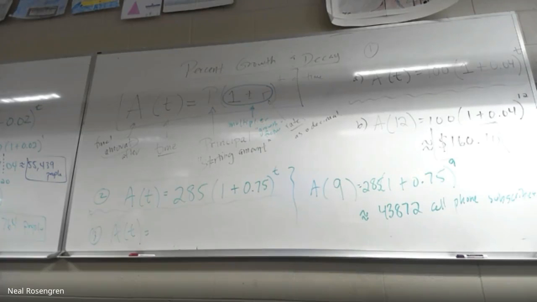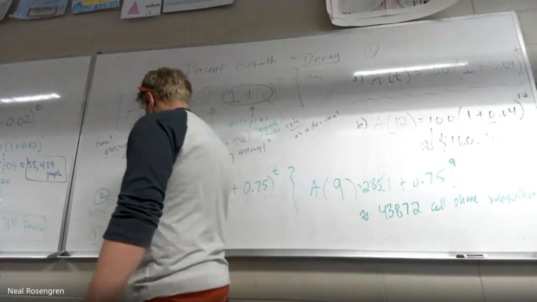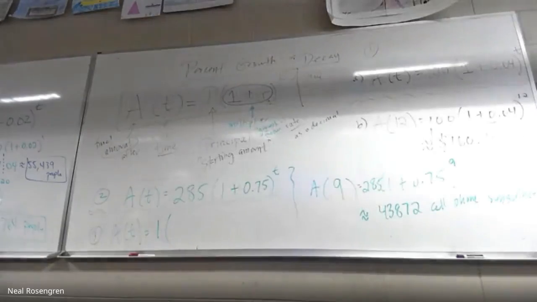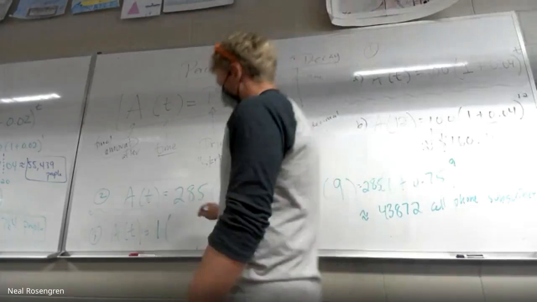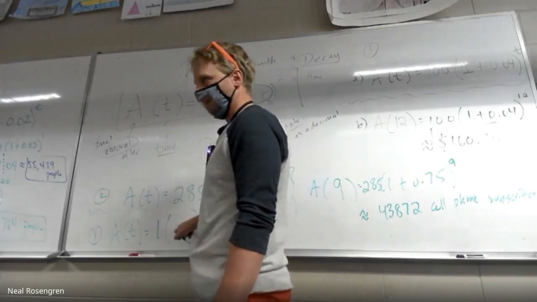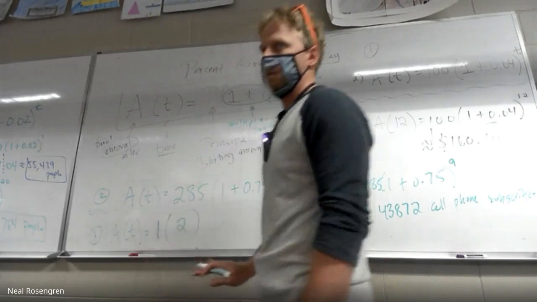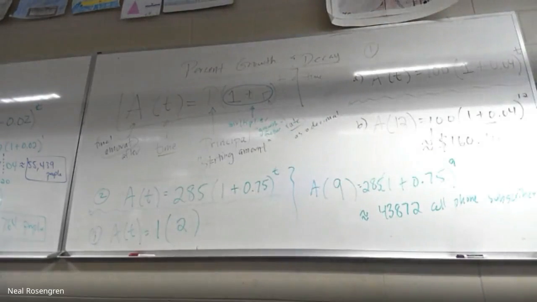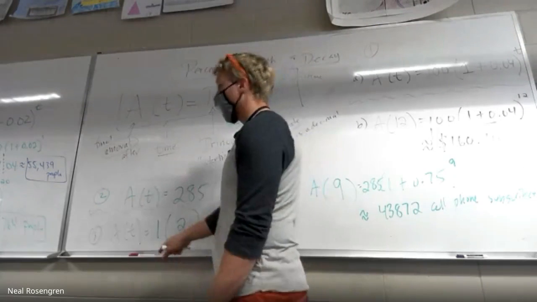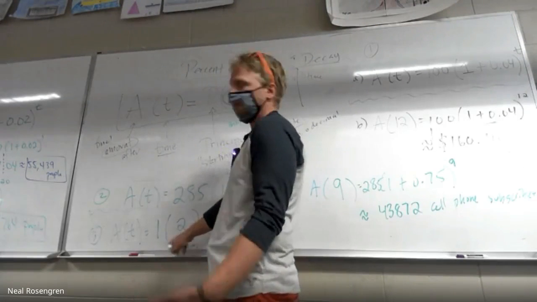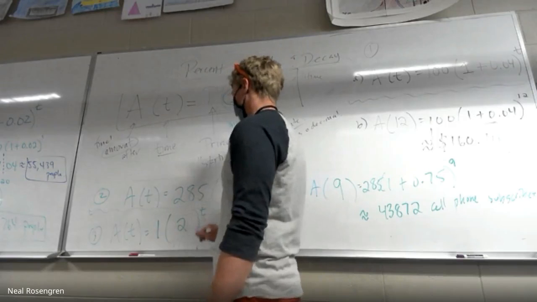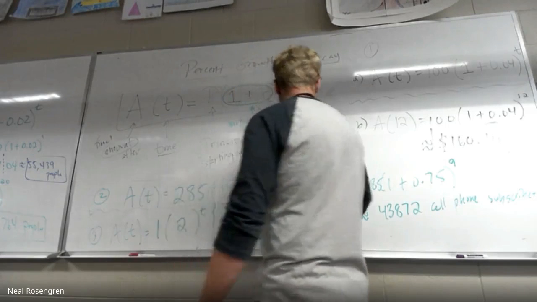If we start with only 1 bacteria, so there's my principal, starting with 1, but we're doubling every time, this number in here is 2, which is 1 plus 1, a rate of 100%. That can be a little tricky. So if they say triple, okay, put a 3 right there. Cut in half, okay, cool, put a 1/2. But just to the power of T.